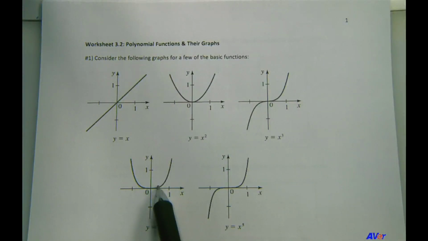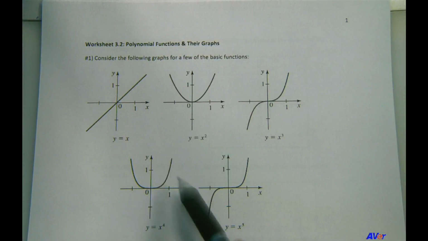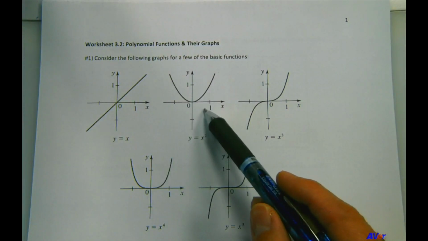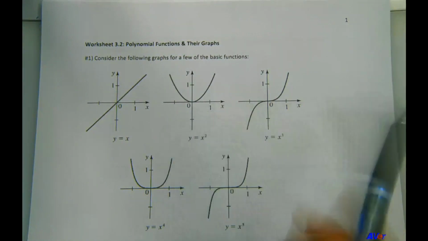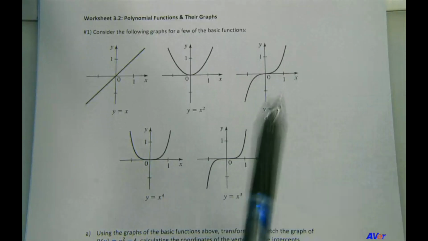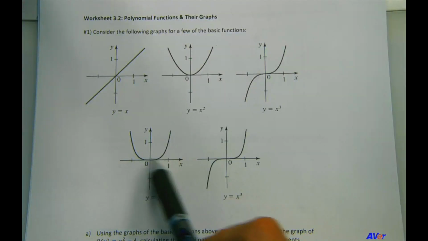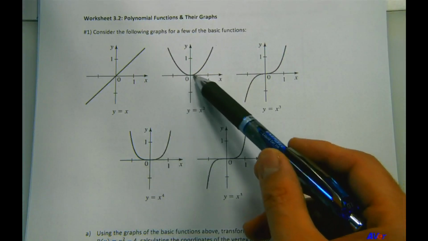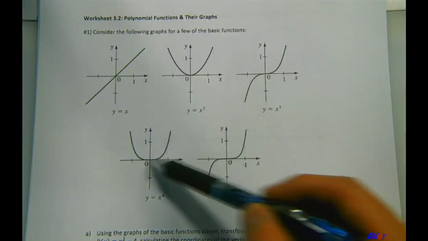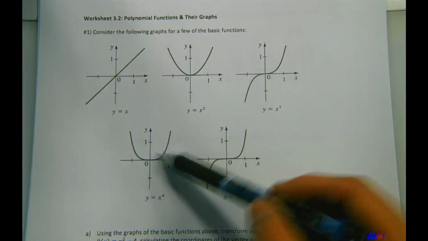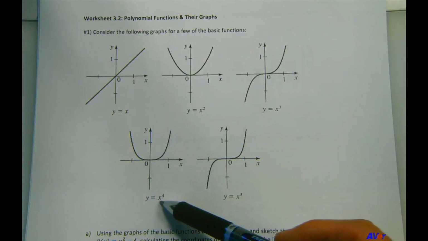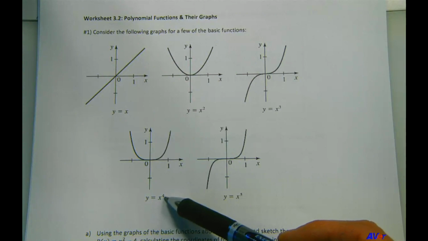And notice this graph looks like the quadratic equation, but the bottom of it is flattened. Compare this with the bottom of the quadratic function. This one is flattened because the function is y equals x to the 4, not x squared, x to the 4.